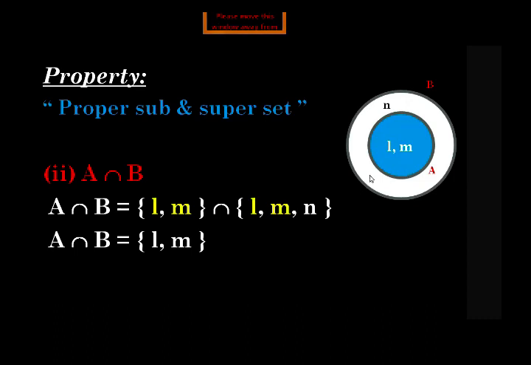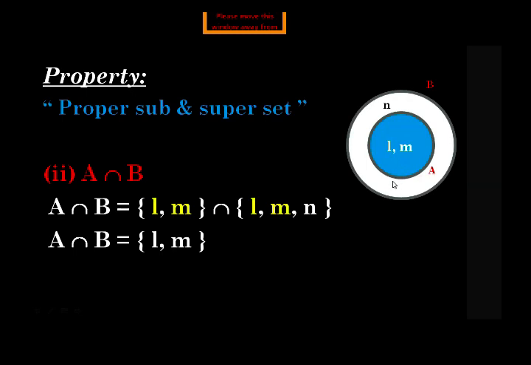Now, which part do we have to shade? We have to shade the common part. This is the Venn diagram of intersection. In intersection, we shade the common area of the circle, and the common area of the circle is this area. This is the subset area of the circle, so we will shade this part.